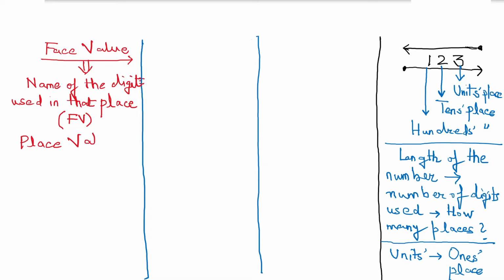Now, the place value refers to how many times the digit has been used in that place. How many times has that digit been used in that place?